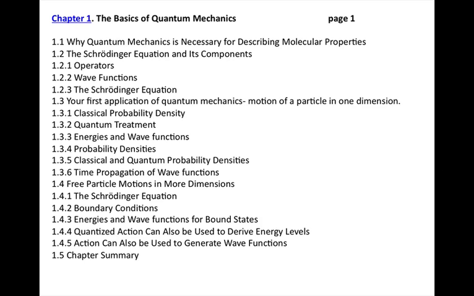And there nowadays are very powerful, approximate, but still fairly accurate methodologies for using classical descriptions of actions. And we'll learn in this chapter what the action is. It happens to be a certain integral involving the momentum and the displacement of the particle along that trajectory. But these actions can be used to also get energy levels and get wave functions.